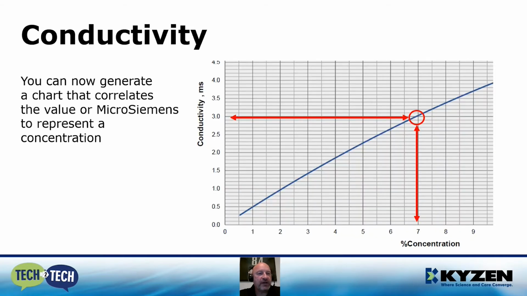When we generate an electrical signal, we can generate a chart that correlates the value of the microsiemen, which is the measurement that we're trying to get from the probe, to a concentration number. As you see in this chart, if you have a reading of 3 microsiemens, that would equate to a concentration of about 7%.